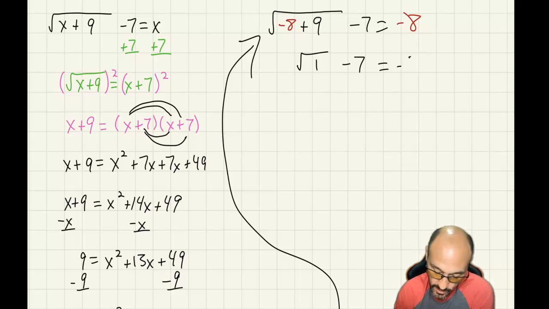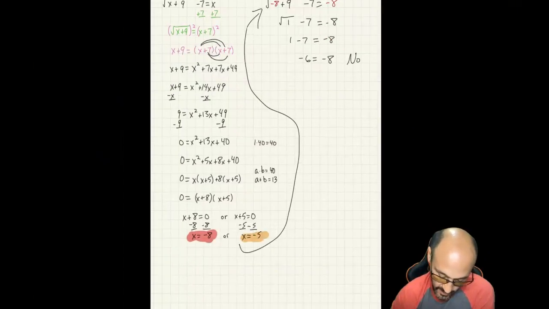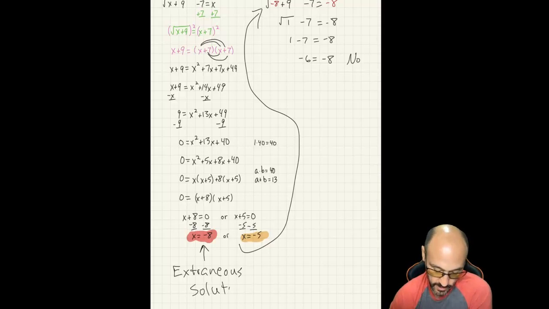The square root of 1 is 1. 1 minus 7 is negative 6, equals negative 8. Huh? That's not right. That means that negative 8 is an extraneous solution. Because it turned out to be not true when we checked it, it's an extraneous solution.